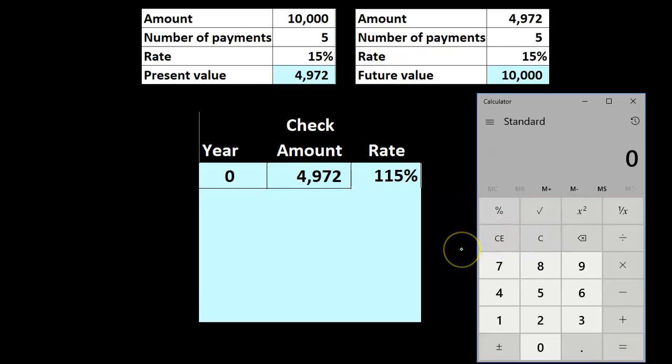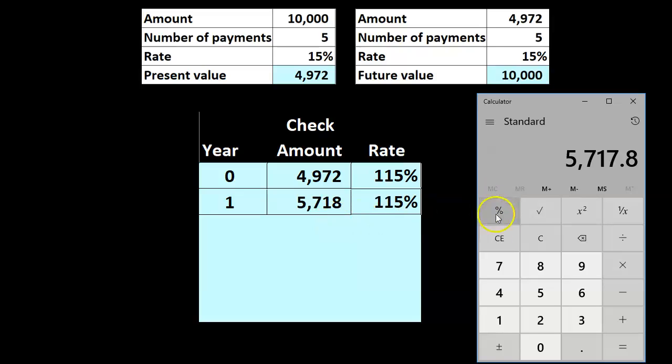So you could calculate 4,972 times 0.15, and then you would get 748, and then add to that the 4,972, and you get 5,717. Or, and this is rounded, 5,718, or you can just take the 4,972 times the 100% plus the 15%, or 1.15, to get that same 5,717.8, and it's rounded to 5,718 here.